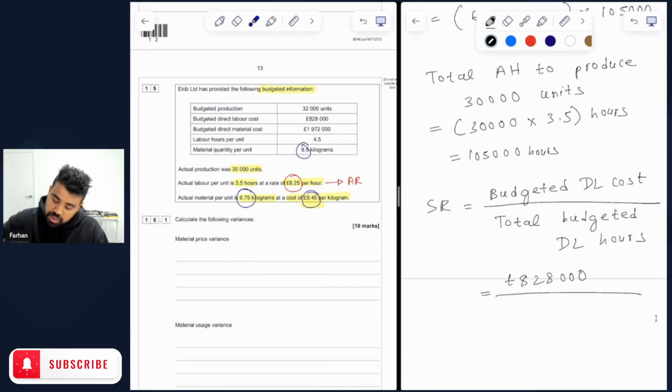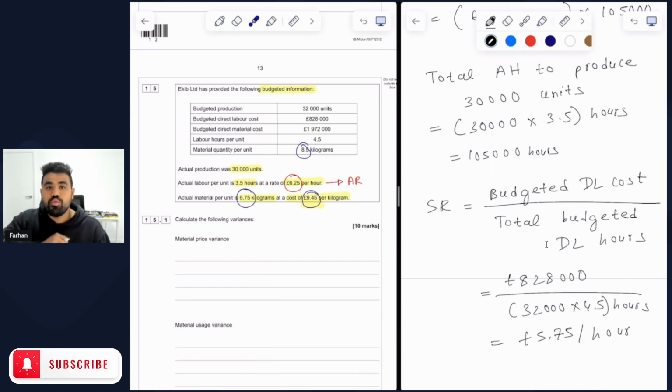So the budgeted direct labor hours that would have been set aside is 32,000 times 4.5. So that gives me the total budgeted direct labor hours. So when you run this number in your calculator, you should get 5.75 pounds per hour as the standard rate for direct labor that we would have set aside.